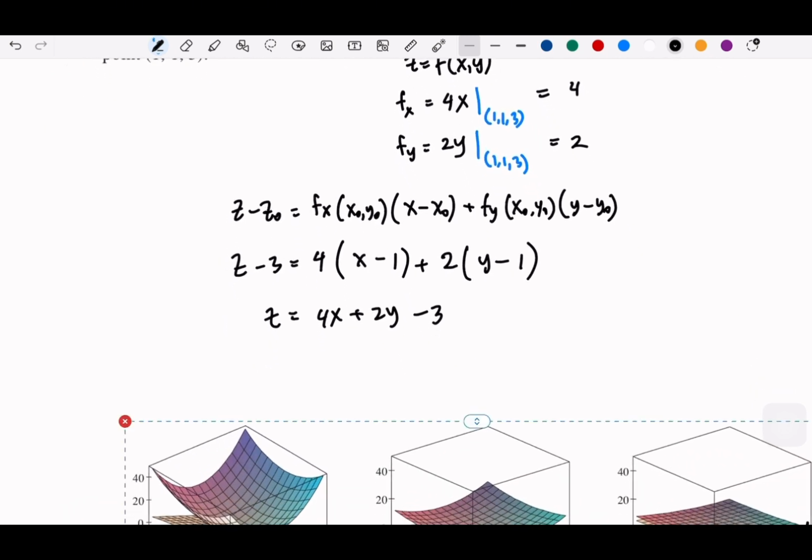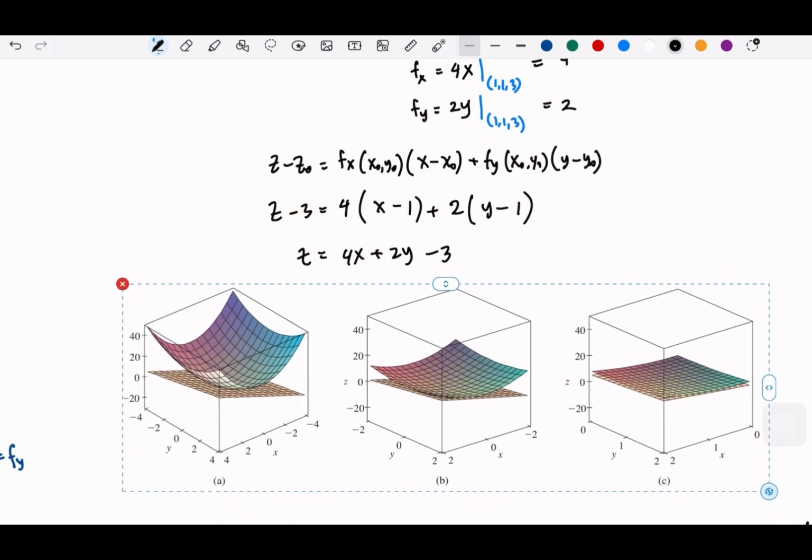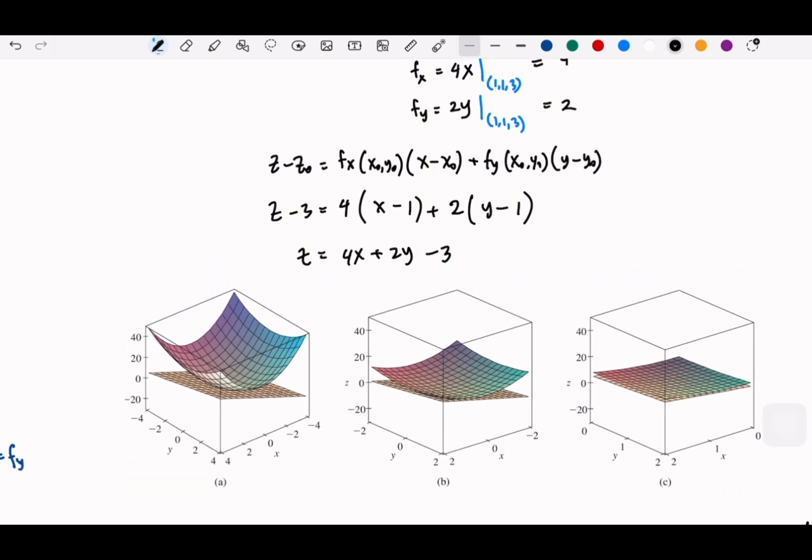Notice that this is the picture for our elliptic paraboloid. And this is our tangent plane. And of course, here is the point (1, 1, 3), which is going to be this one here.